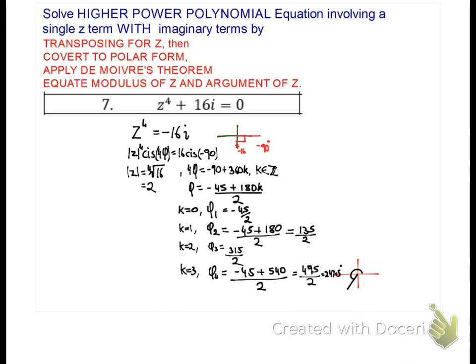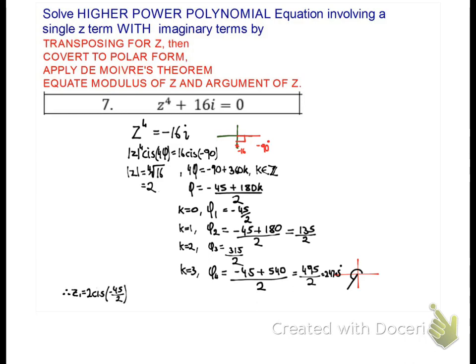Later we're going to be looking at what's a better way of presenting these angles and what's called a principal argument domain. Okay, and we'll see that ranges from negative 180 degrees to positive 180 degrees, and we will look at converting our arguments within that domain in future examples.